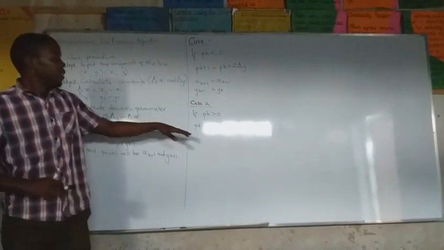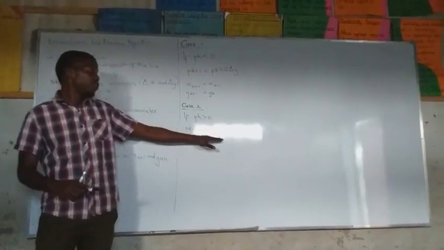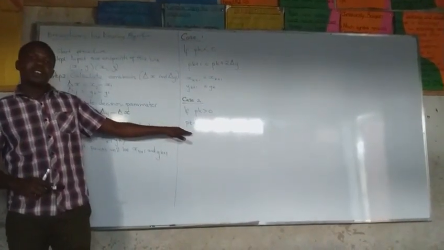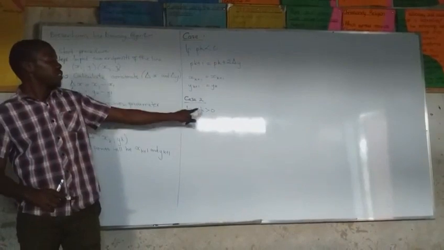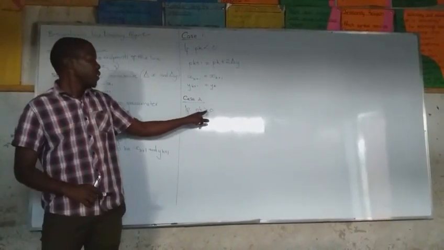So this is the formula that we use to calculate the next decision parameter if the decision parameter is greater than 0.